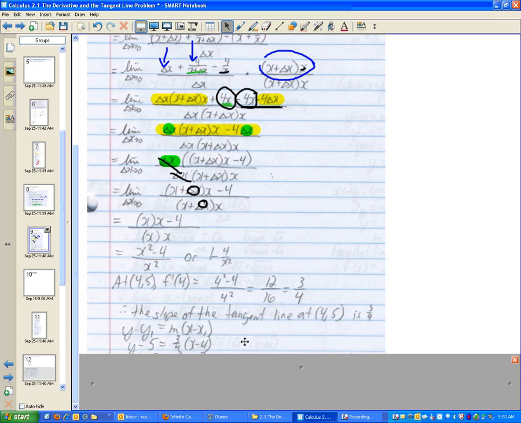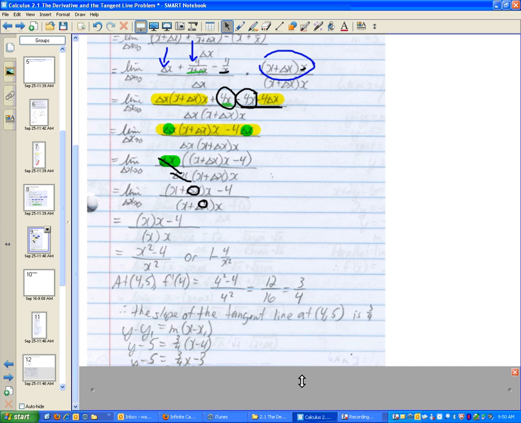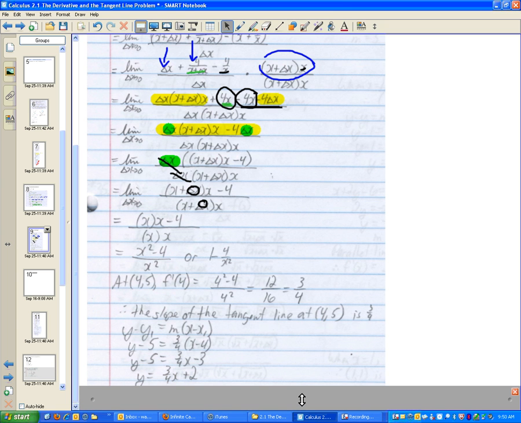Now, they don't tell us what form to put the equation of the line in, but almost everybody likes it in the y equals mx plus b form. That's never a bad idea, okay? So, let's distribute the 3/4 on the right. That gives us y minus 5 equals 3/4 x minus 3. Then we add 5 to both sides.